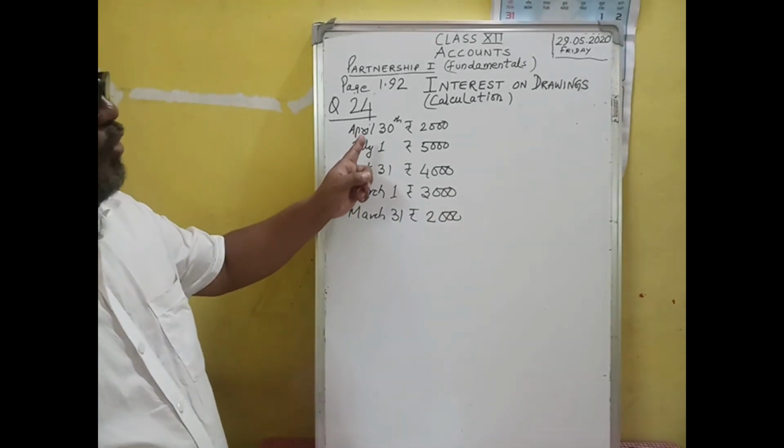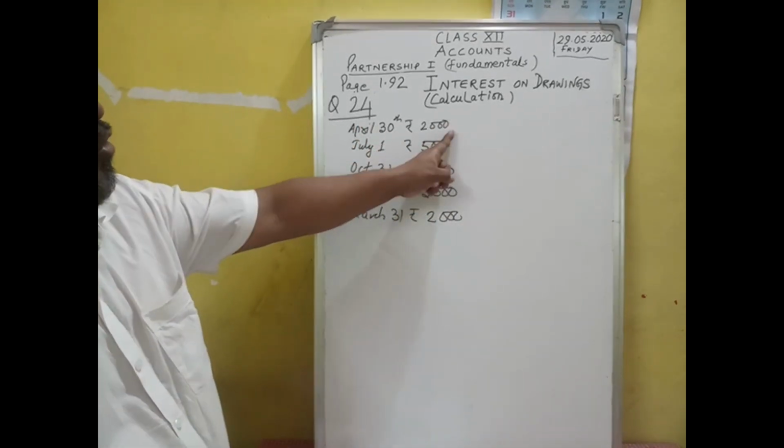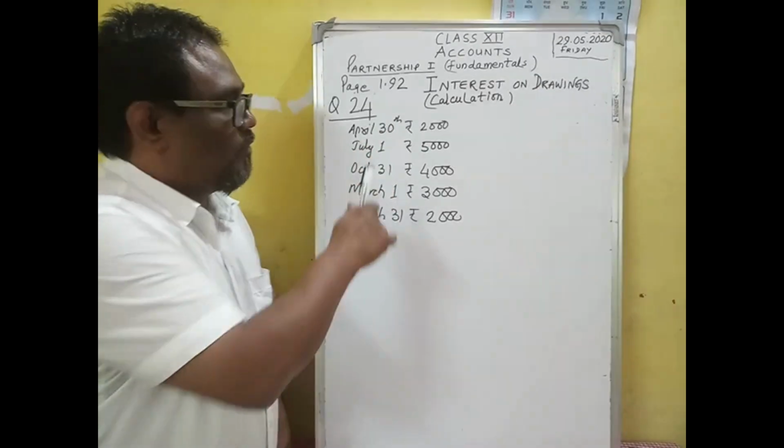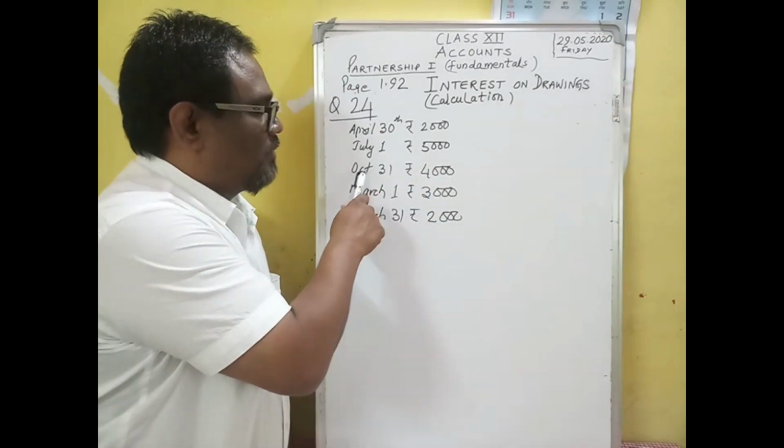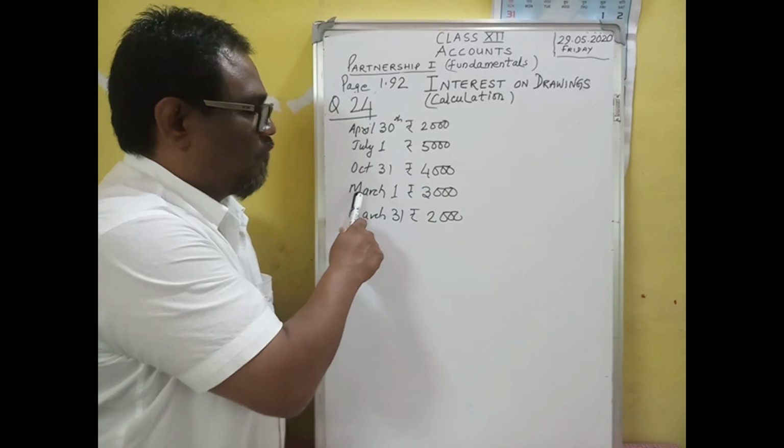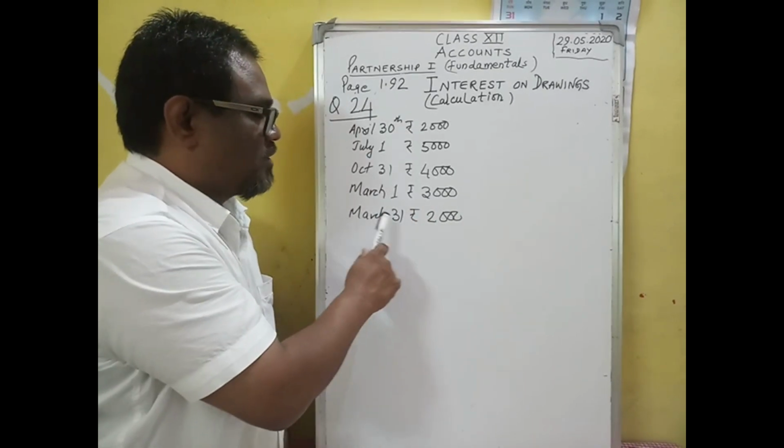So the partner withdrew on April 30, 2,000 rupees. On 1st July 5,000. On 31st October 4,000. On 1st March 3,000 and 31st March 2,000.